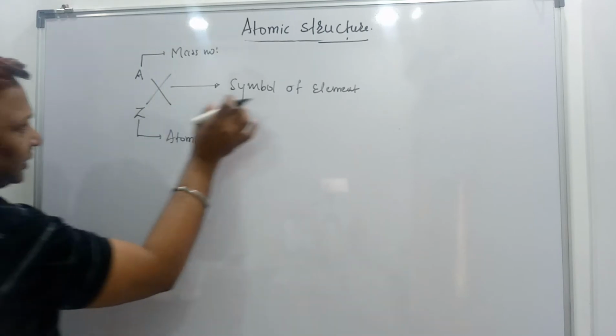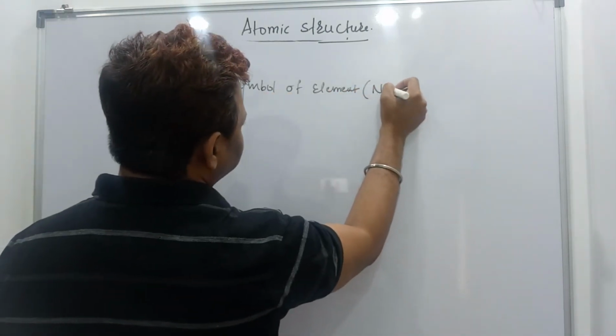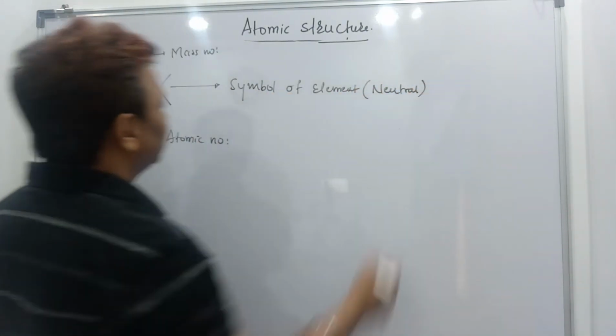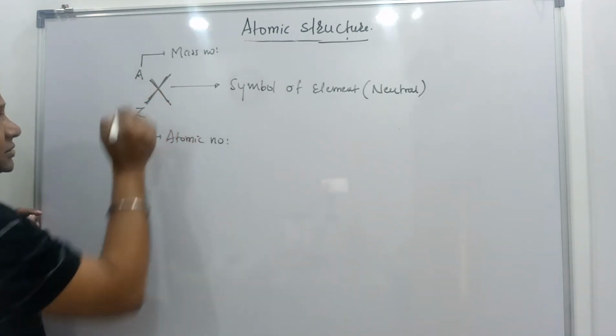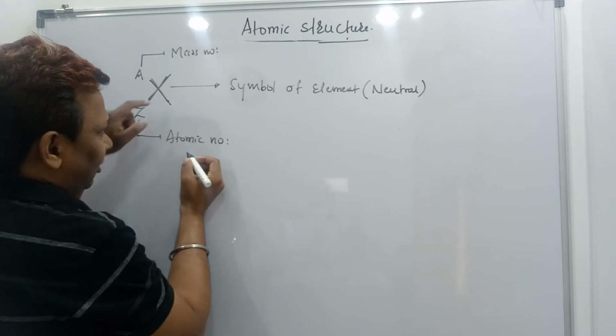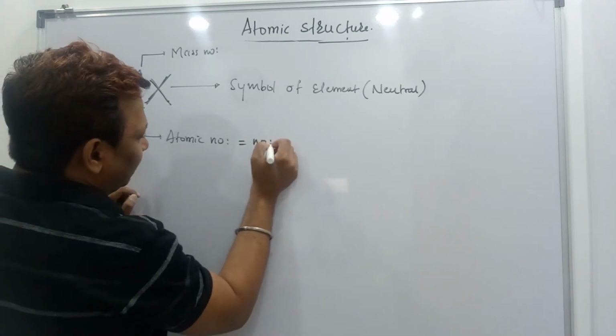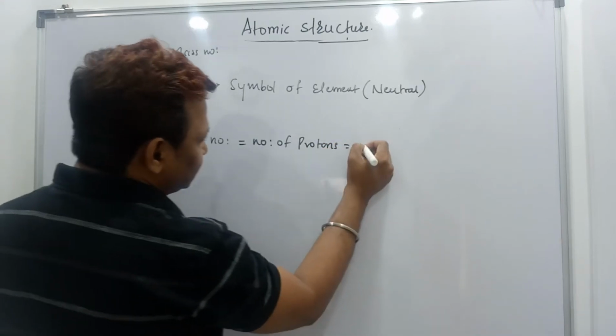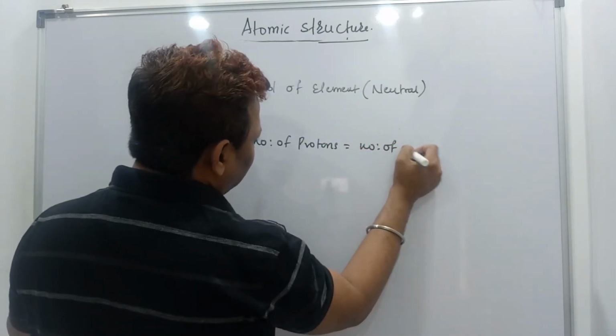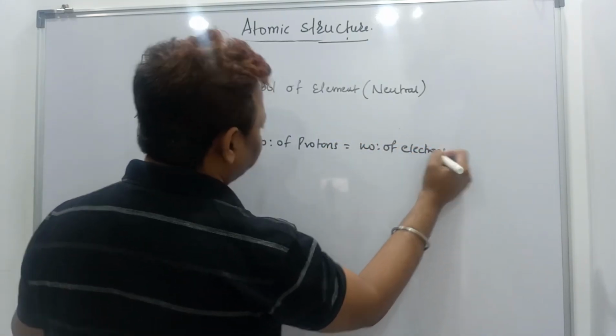If this element is neutral, meaning it does not bear any charge, then the atomic number of that element is equal to the number of protons present in it, as well as the same number of electrons.